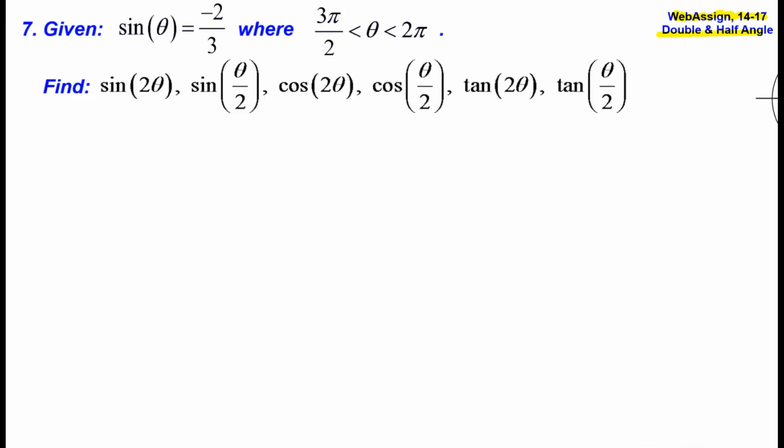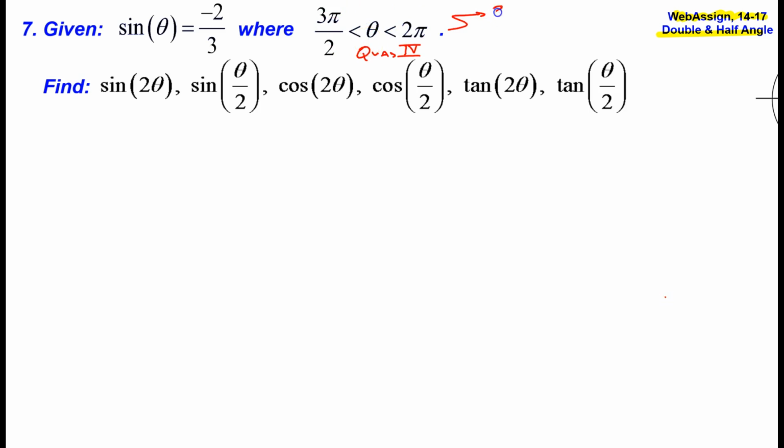So let's start by taking a look at this. If we have theta between 3 pi over 2 and 2 pi, that means that this theta is in quadrant 4. Let's take a look at where theta over 2 is. I'm going to take everything in this inequality and divide by 2.